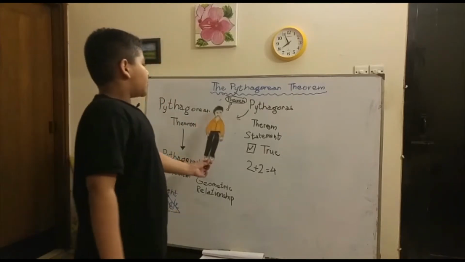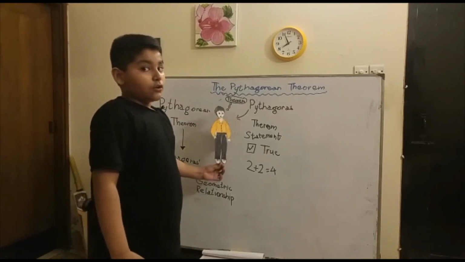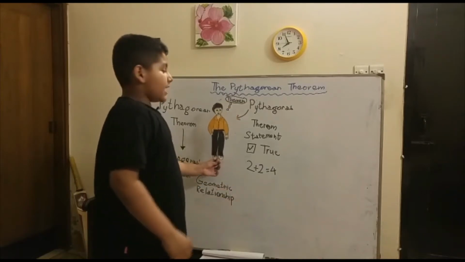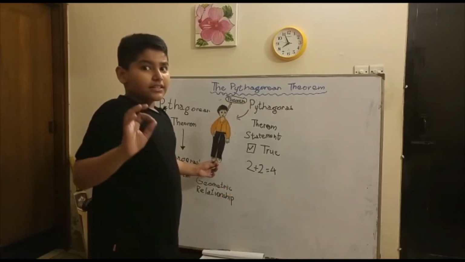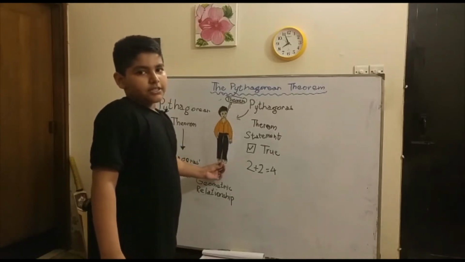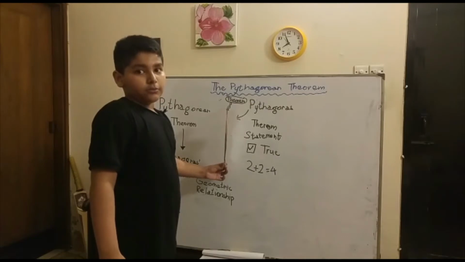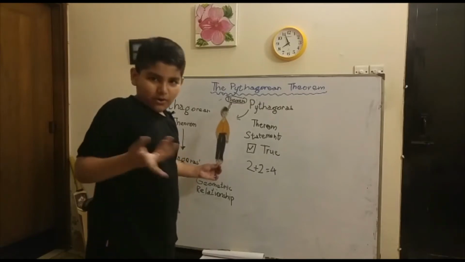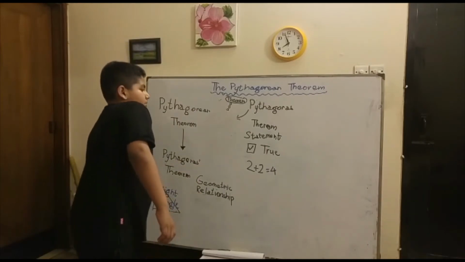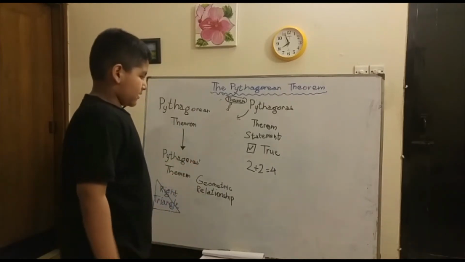Well, there is a Greek man who invented this theorem, whose name is Pythagoras. Historians aren't really sure if he made it. It could be his students or followers, but he mostly gets the credit for it. So now we have Pythagoras covered.